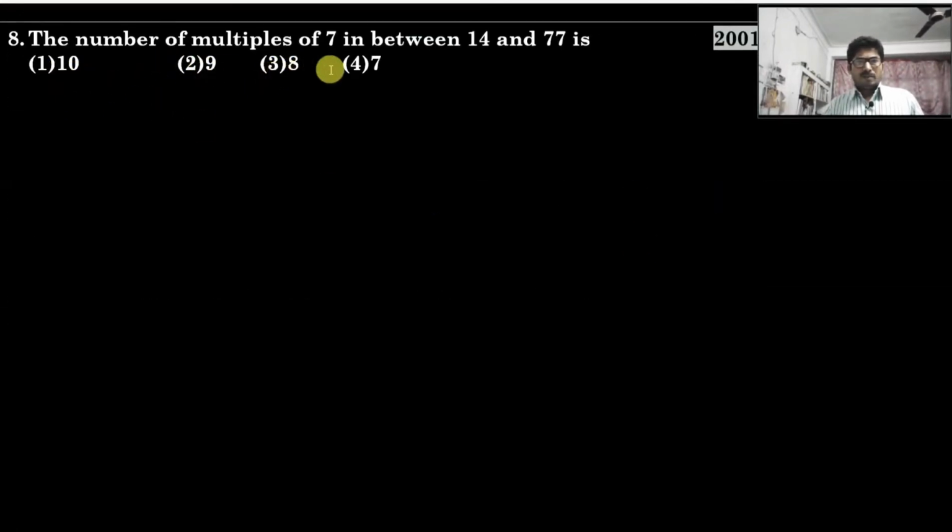Eighth one, the number of multiples of 7 in between 14 and 77 is.